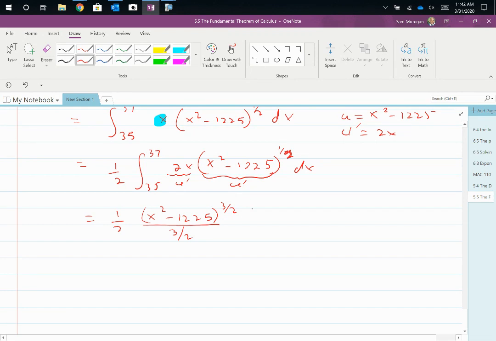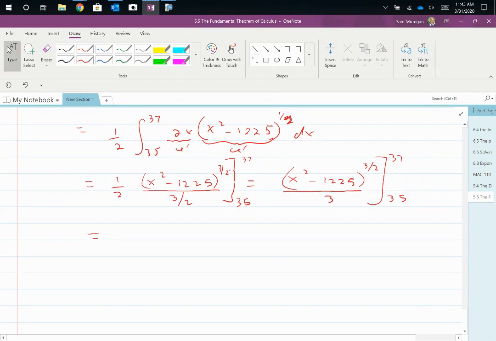So flipping over and multiplying, this becomes x squared minus 1225 to the power 3 over 2 over 3. The 2's are going to cancel out. And all of this between 37 and 35. Fix that.